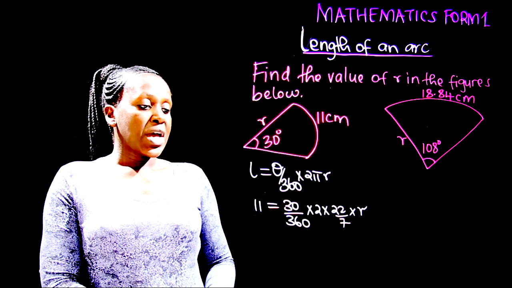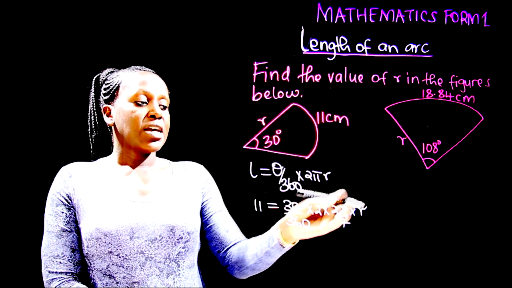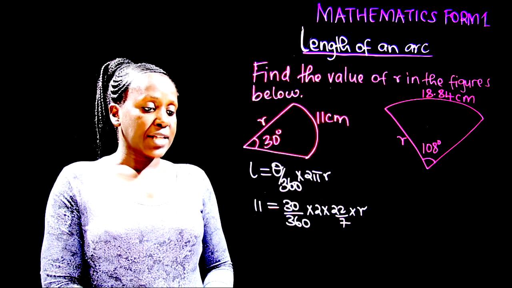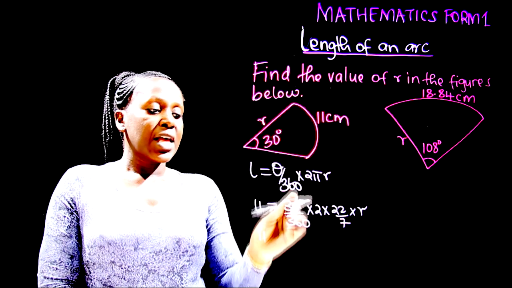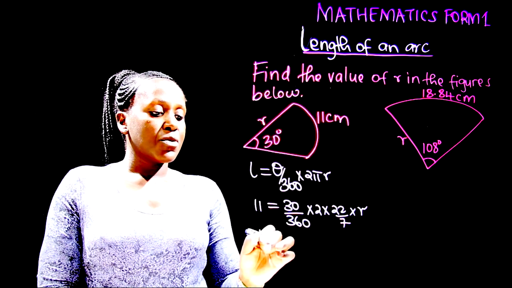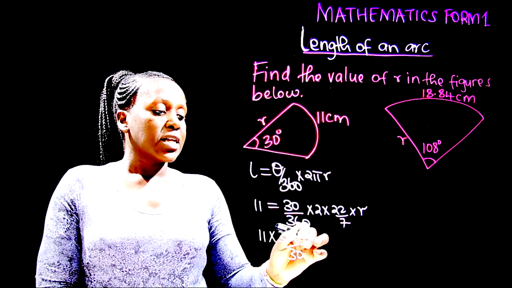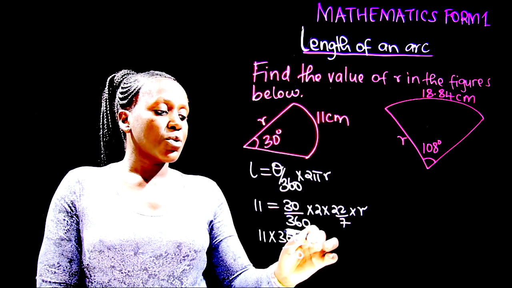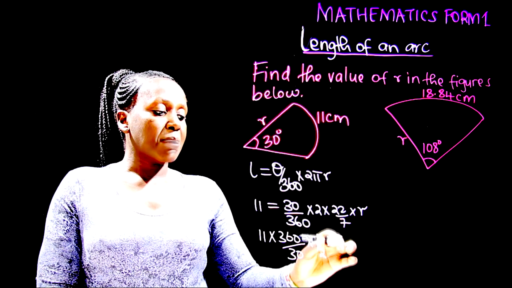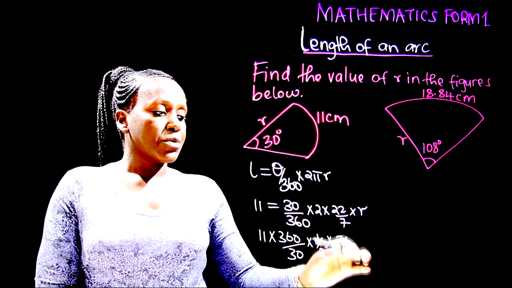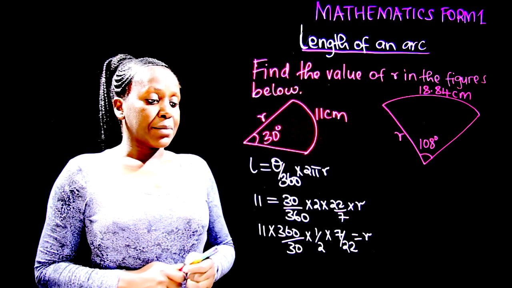So what we do is take every other number to the other side and remain with r on one side. This will become 11, then 30 over 360 becomes 360 over 30, times 2 becomes 1 over 2, times 22 over 7 becomes 7 over 22, which is equal to r. Now we are going to simplify.